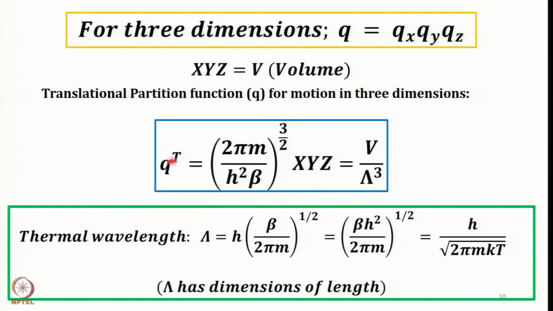So, from the knowledge of thermal wavelength, we can calculate the translational partition function, or in other words, if we can determine thermal wavelength, we can always get the translational contribution to the partition function, provided we know the volume of the system. Translational contribution, specifically, we discussed, has a lot more meaning if we are talking about perfect gases.